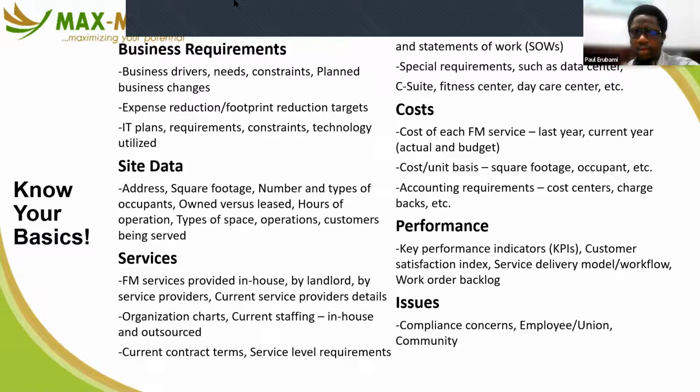What issues are there on the ground? Are there compliance concerns, regulatory authorities? Are there things we are not doing as a minimum to meet building code requirements, for example? We have issues with staff, motivation, union issues. Are there community issues? For some of our organizations, you have a big issue with how contractors are paid.